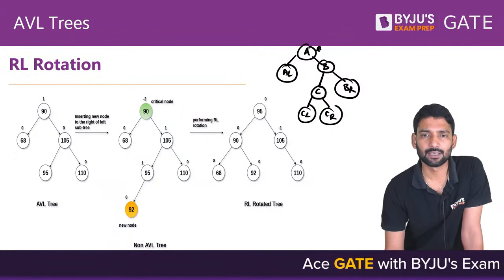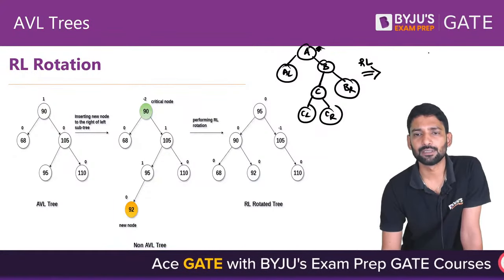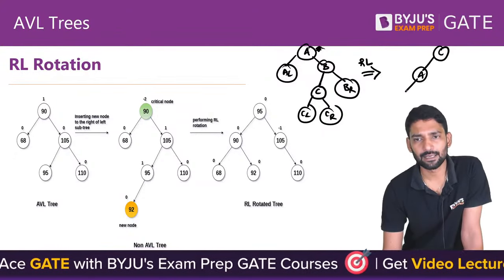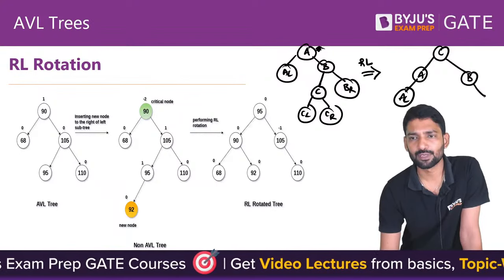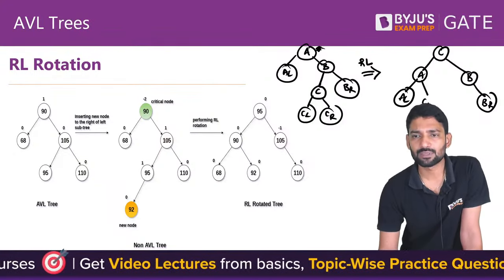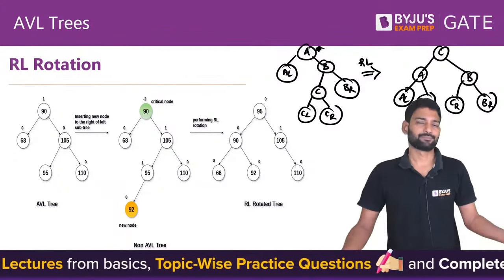A is the critical node. Whenever you apply RL rotation, C becomes root, A and AL will be on the left of C, B would be in the same position, B right also would be in the same position, C left now becomes A's right, and C right now becomes B's left.